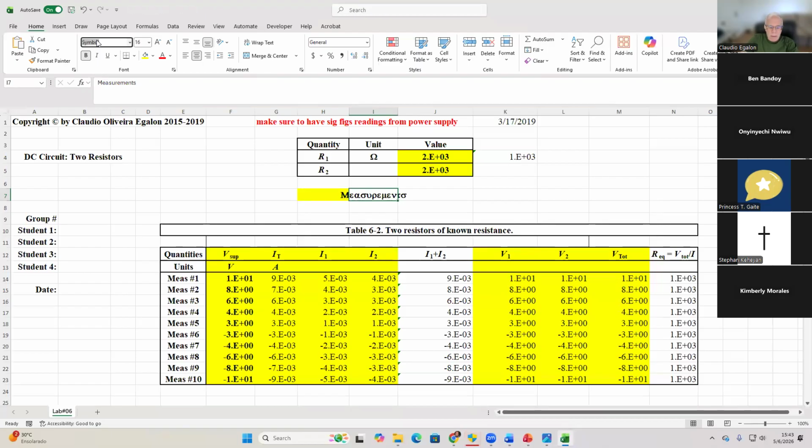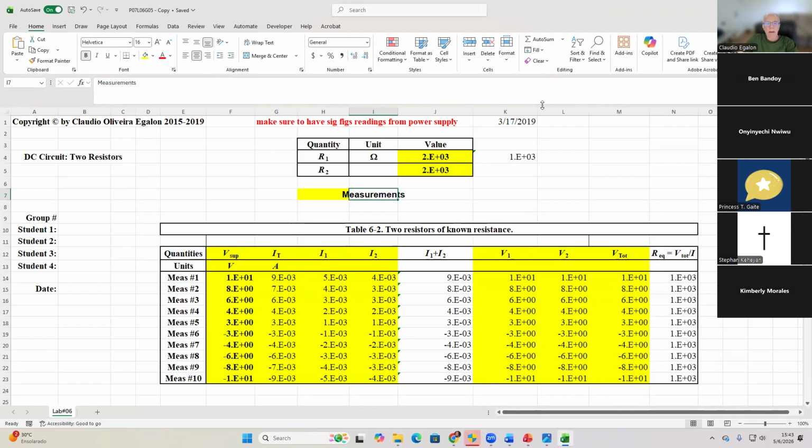Translated to Helvetica. Let's see, Helvetica, yeah. Here you go. And we have results.